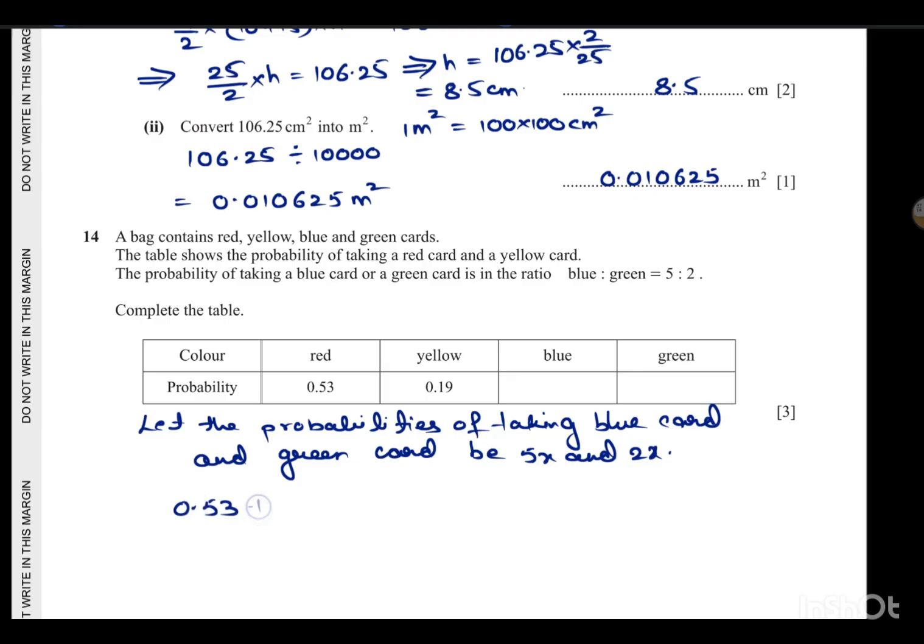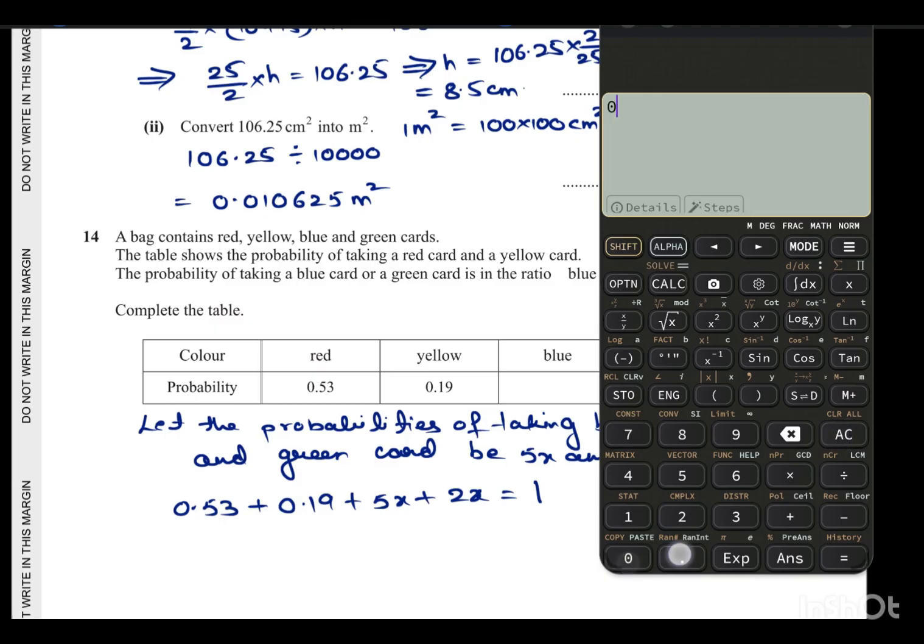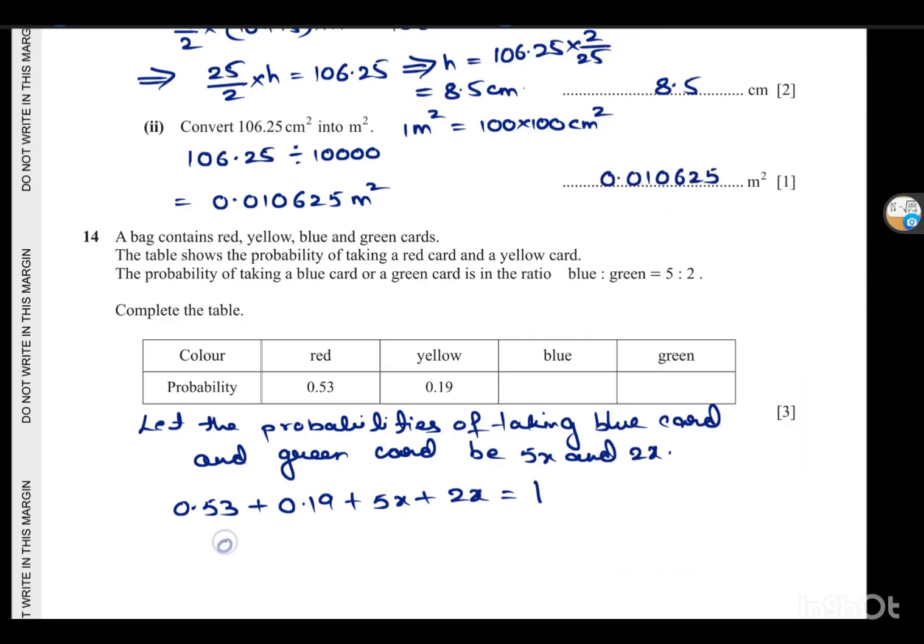So add all these probabilities. Blue is 5x and green is 2x. That is 1. Now add 0.53 plus 0.19, which is 0.72. 0.72 plus 5x plus 2x, which is 7x, is equal to 1.